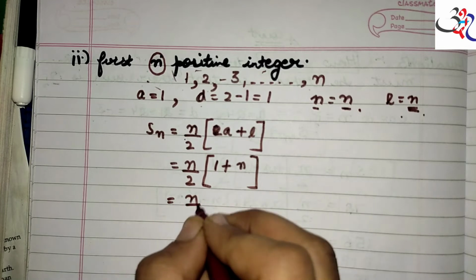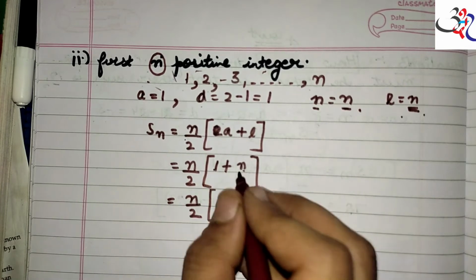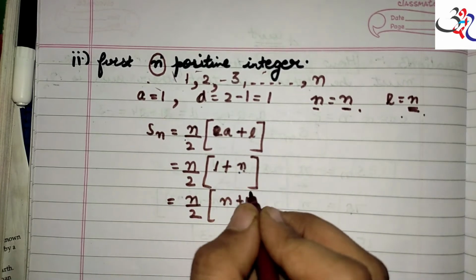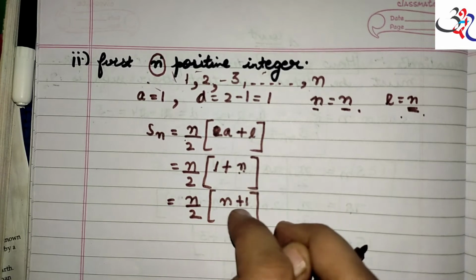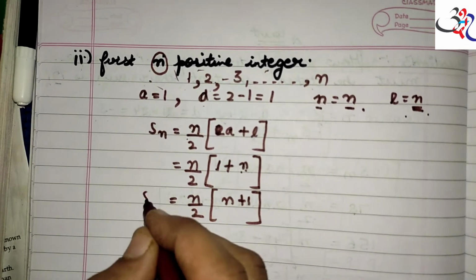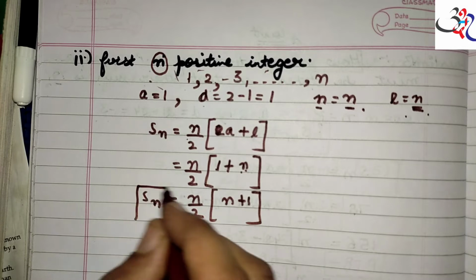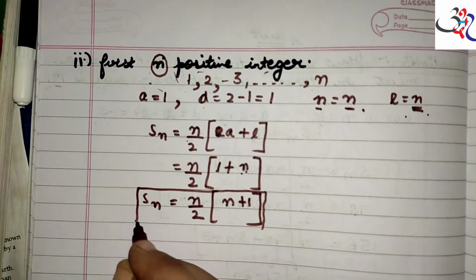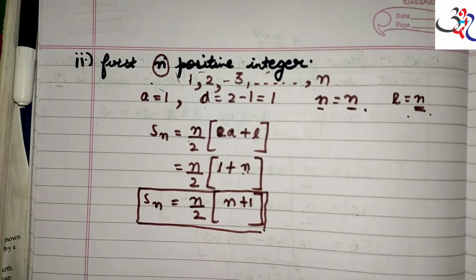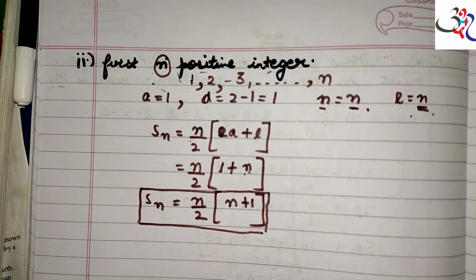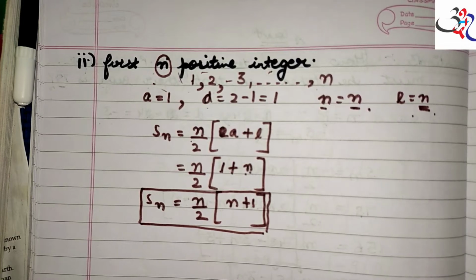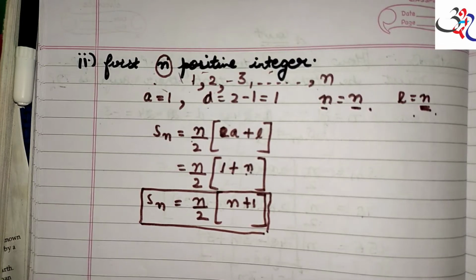So now my answer will be n by 2 into, I can also write in reverse order, n plus 1. So this will be the sum of the first n terms in general, right? So they are asking for the general formula for the sum of the first n positive integers.